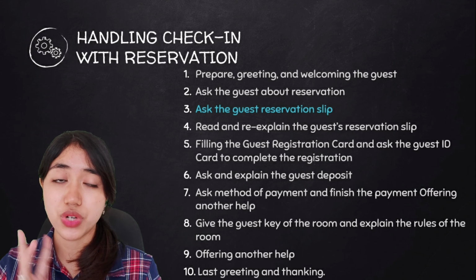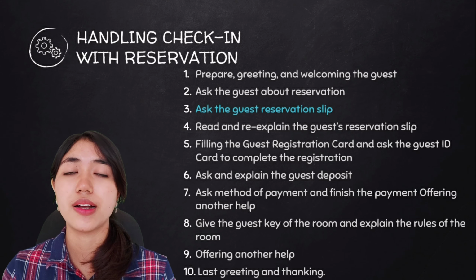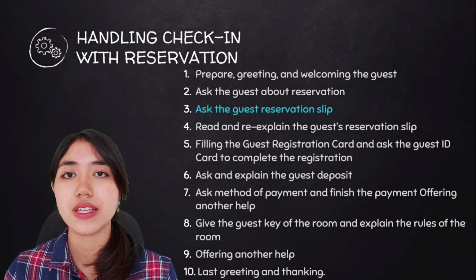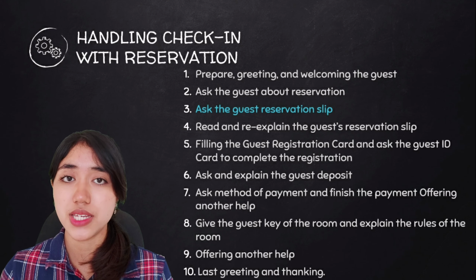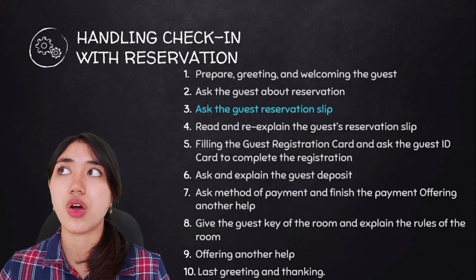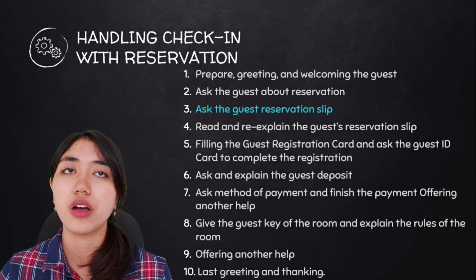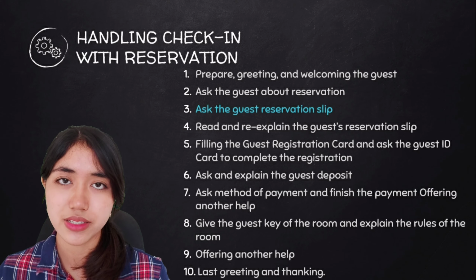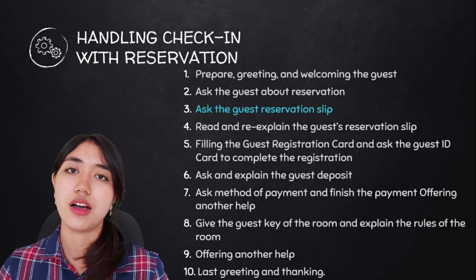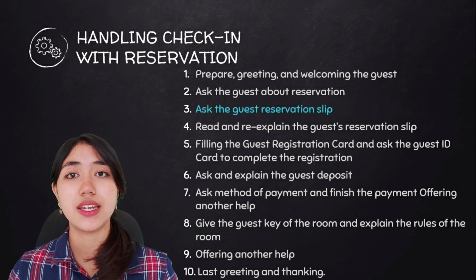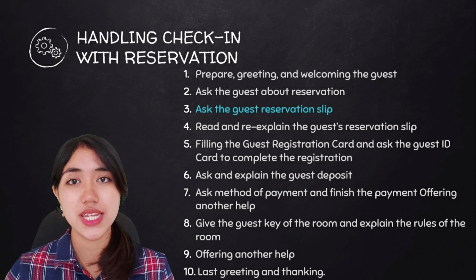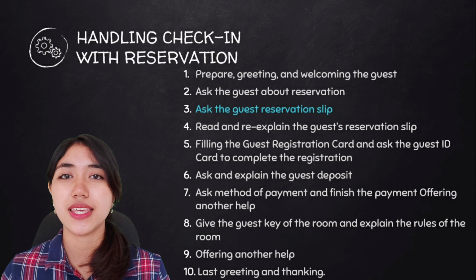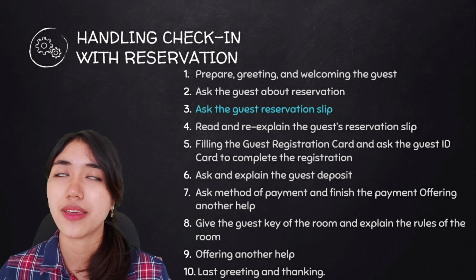The front office doesn't need to check the room availability because it's already booked by the guest. And as you can see on the slide, point number 3 is asking for the guest's reservation slip.